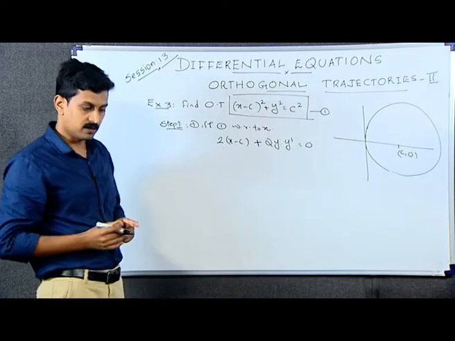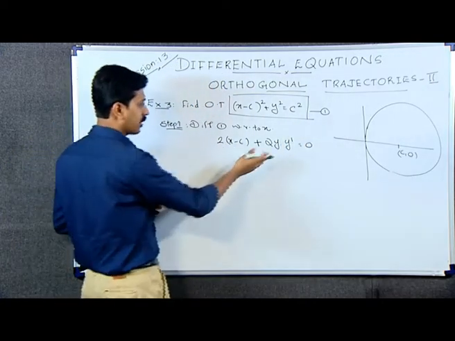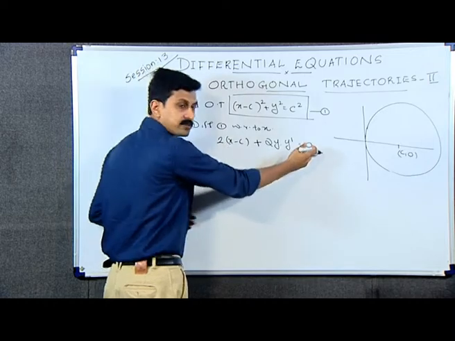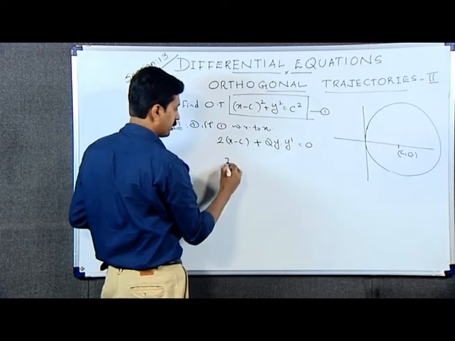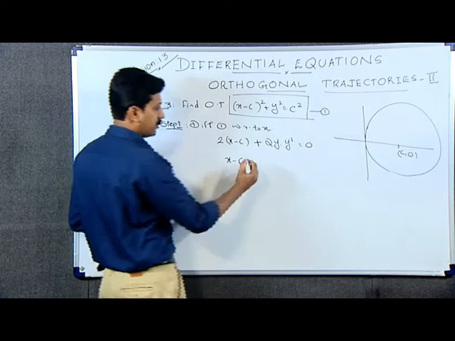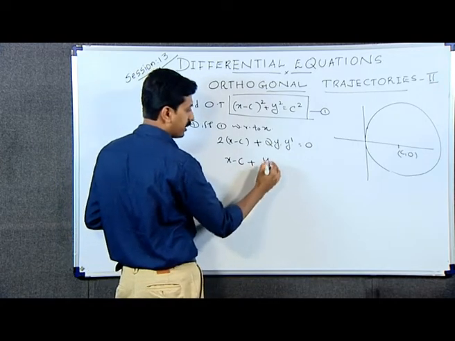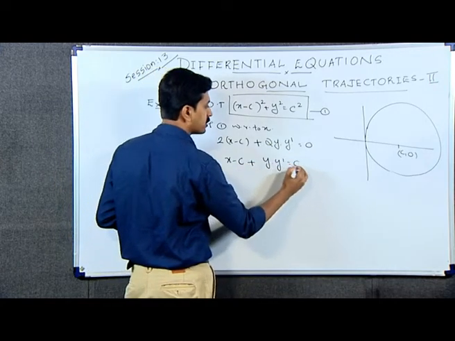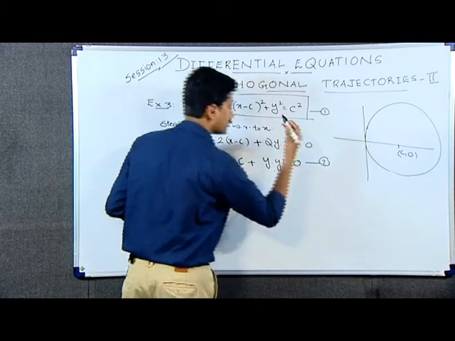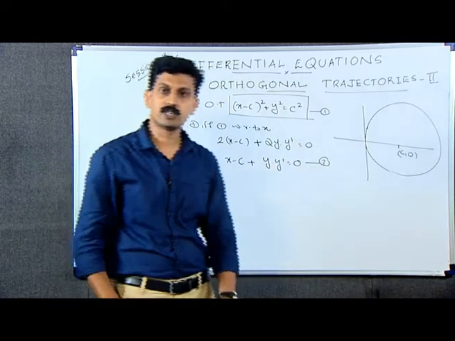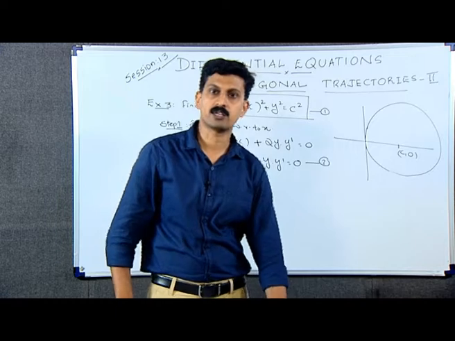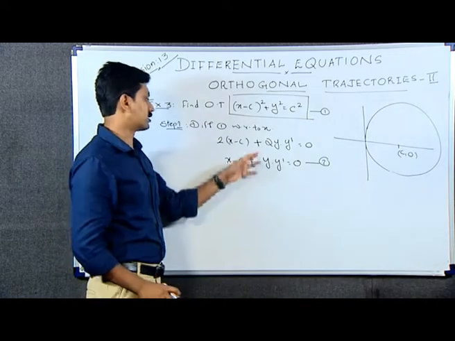We have 2 on both sides, so taking 2 outside, we will have x minus c plus y y dash equal to 0. This is equation number 2, a differential equation corresponding to equation 1.